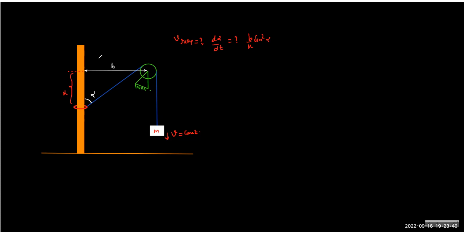Let's check. Sir, I made a mistake. It will be v by x, not b.